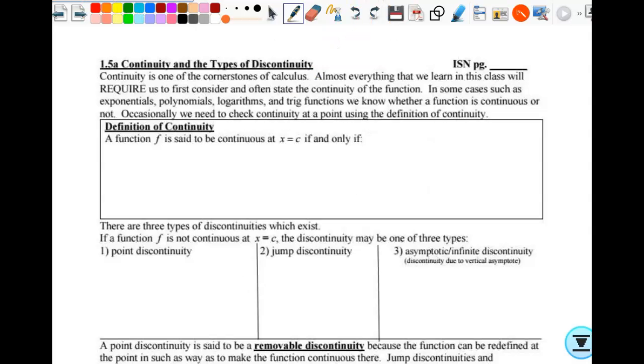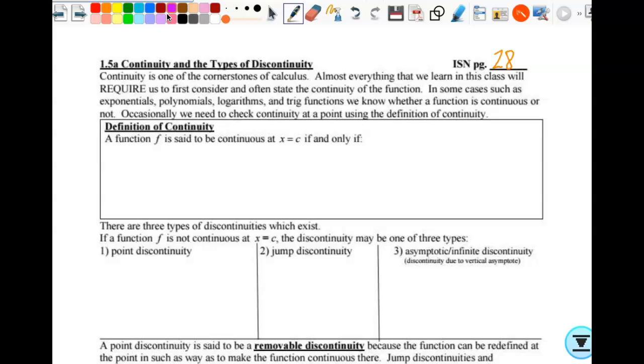First of all, somebody tell me what page this is going on. 28. All right, 28. Do your vertical asymptotes affect continuity? Yes. Do your horizontal asymptotes affect continuity? No. Okay, good. So continuity and the types of discontinuity.